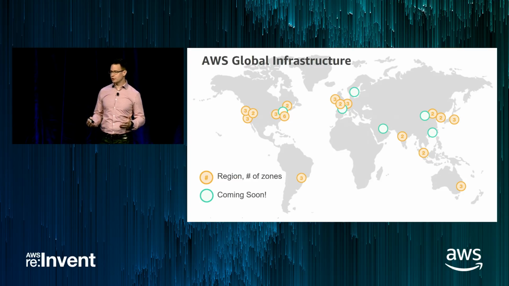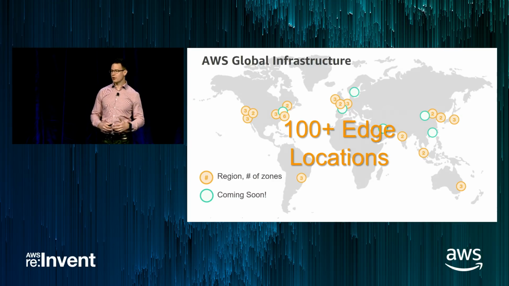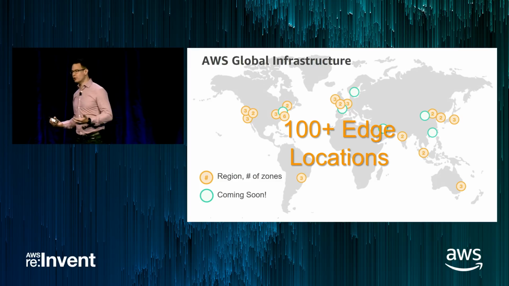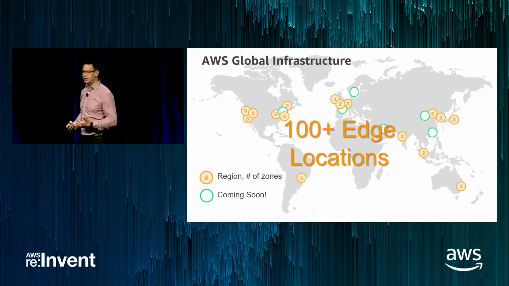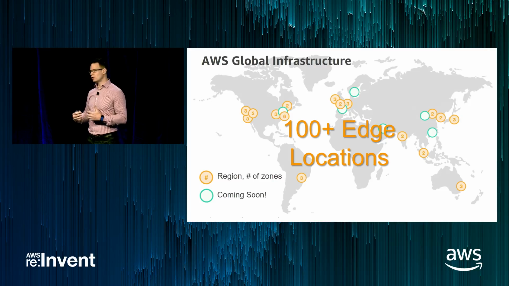And what that's going to enable you to do is things like synchronous data replication, which you'll see will come in handy. We also have over 100 edge locations where you can cache your content close to where your users are, offloading load from your servers. It's going to help you scale as well.